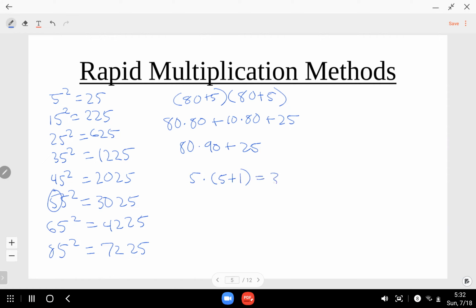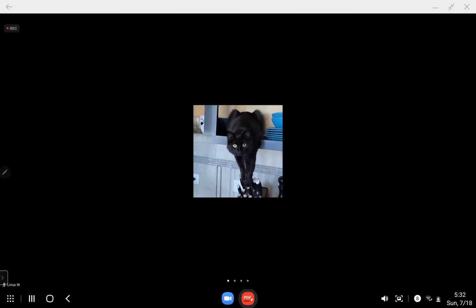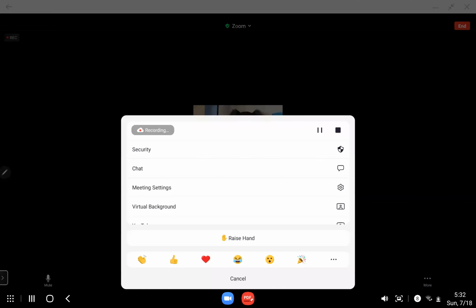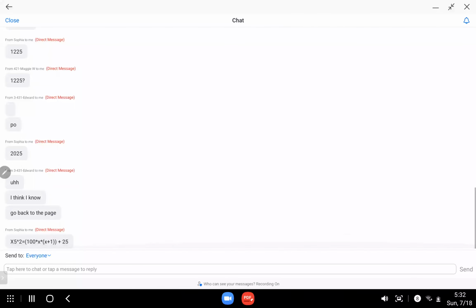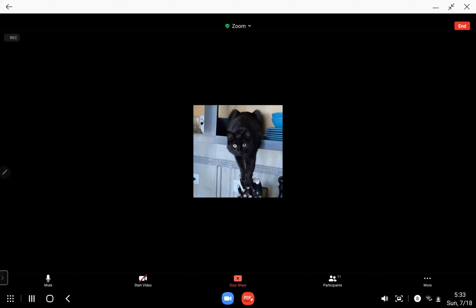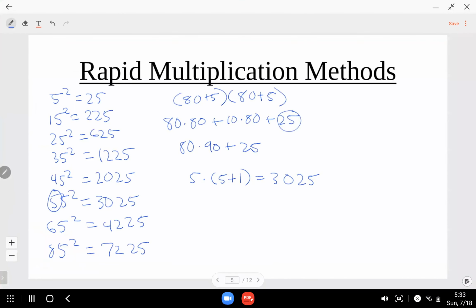That's going to be equal to 30. And then we add this 25 to it. So we get 3025. And that is exactly what Sophia told us, right? 100 times x times x plus 1, plus 25. That's the fast method.